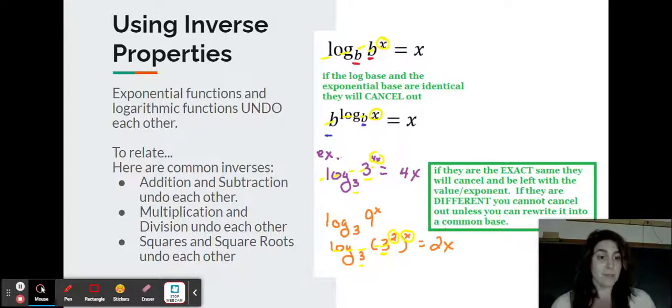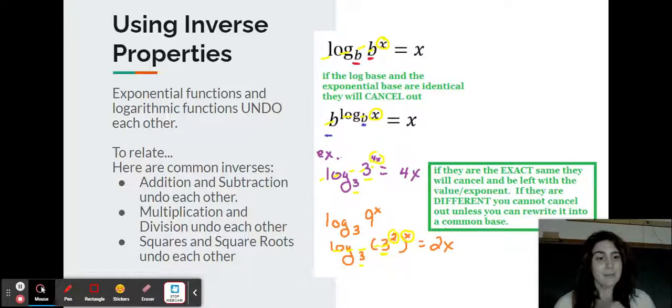Now, the second one, they're different. I have a base of the log and the base of an exponent that are not the same, but I can get it to be the same. If I can rewrite the number in some format that can be written as a base that matches, then that's what I want to do. 9 I know is 3 squared.